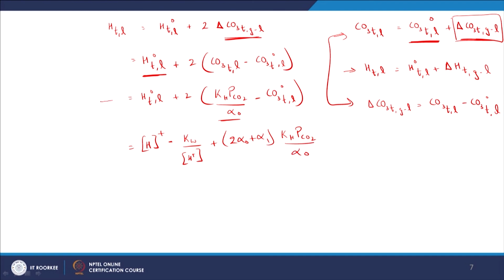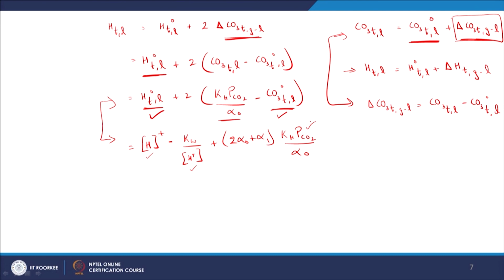So this is equal to this, and this is a variable that you know, equal to the H total initially. This particular variable CO3 total initially in the aqueous phase is something that you know, how much you are putting into your system. H plus is the H plus concentration at equilibrium, and pCO2 is the concentration of carbon dioxide in the gaseous phase at equilibrium.